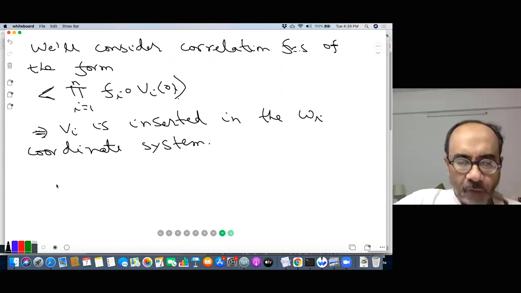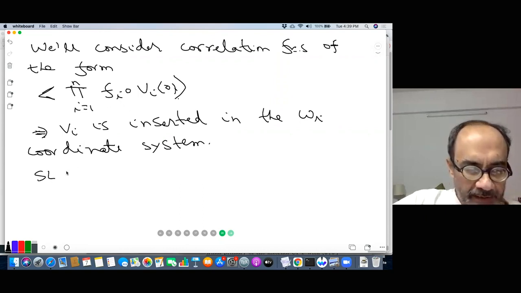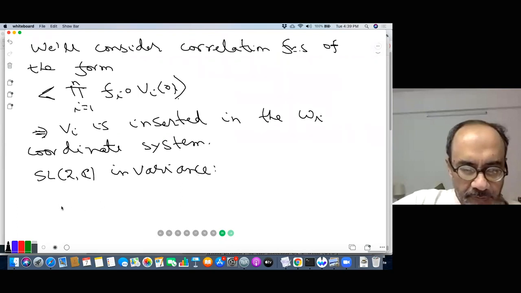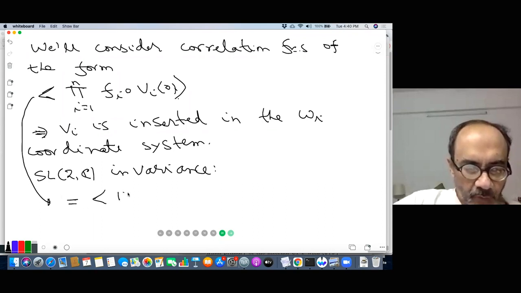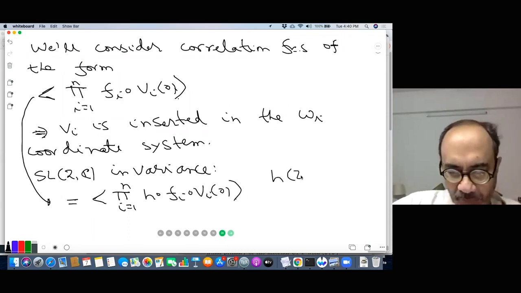Okay. Now, in this form, SL2C invariance has a simple interpretation. SL2C invariance tells us that this correlation function can also be written as a product, where H is an SL2C transformation.